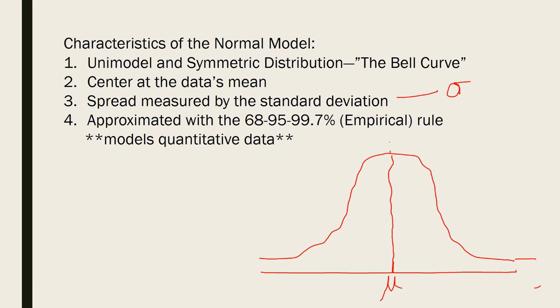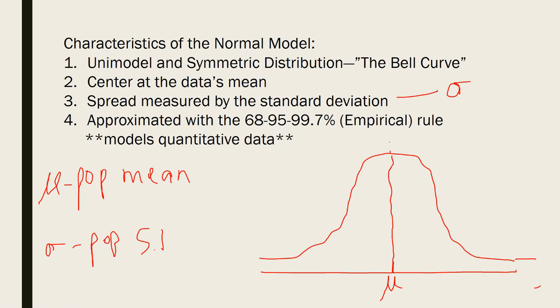And before I get to number 4, let me go ahead and define all of these values that we're going to start using here in Chapter 5. We've already defined mu as the population mean, and we've already defined lowercase sigma as the population standard deviation.